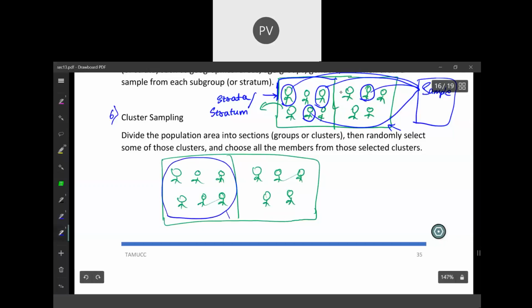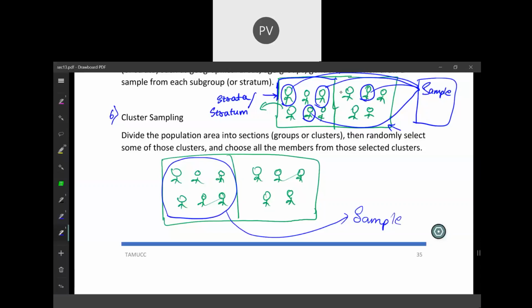This becomes my sample. You cannot choose individuals from this group and this group. That will become your stratified sampling. If you are choosing everyone of that group as a sample, that will be called cluster sampling.